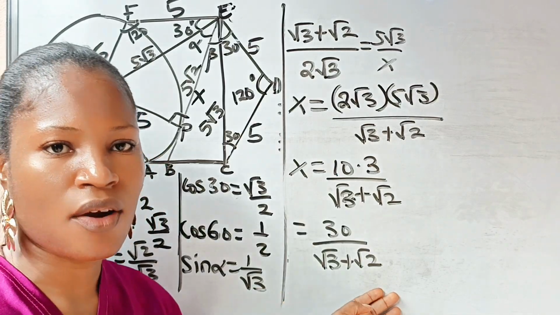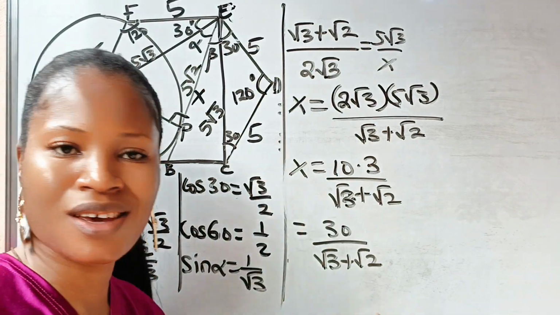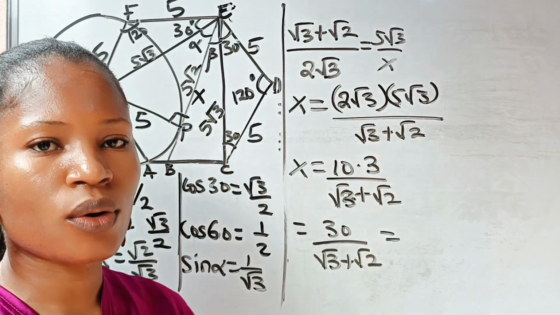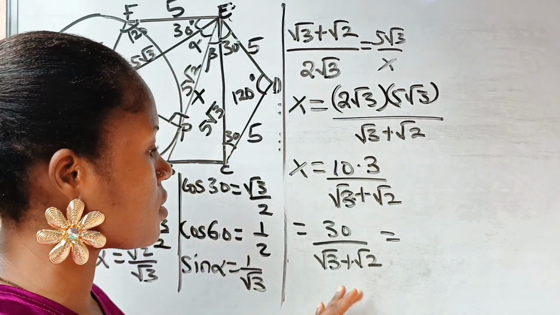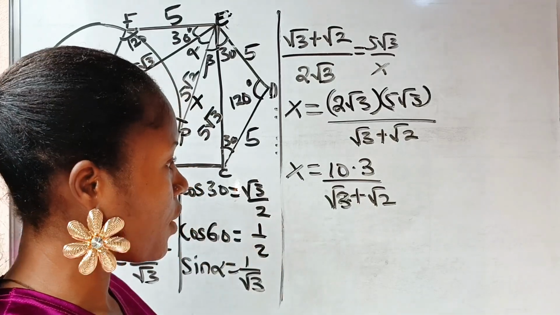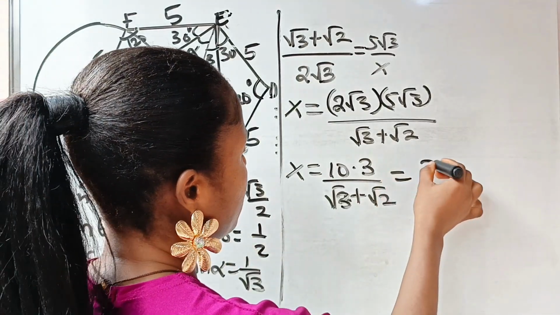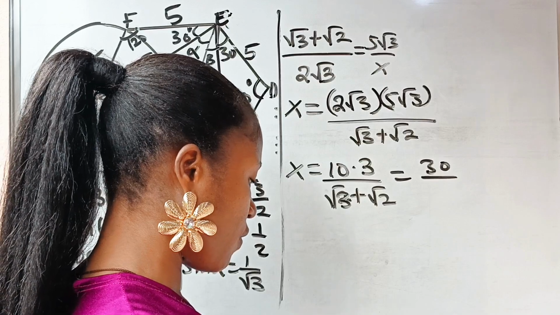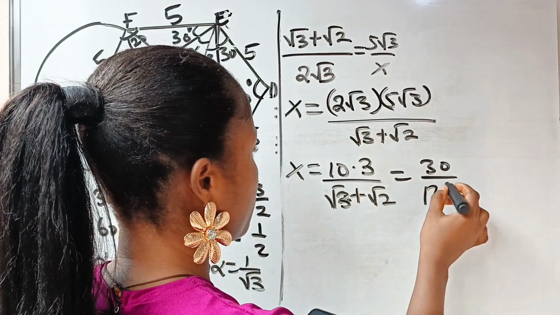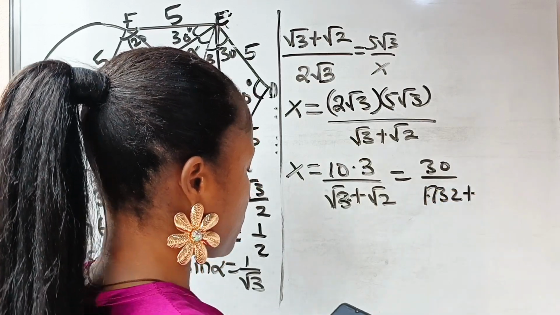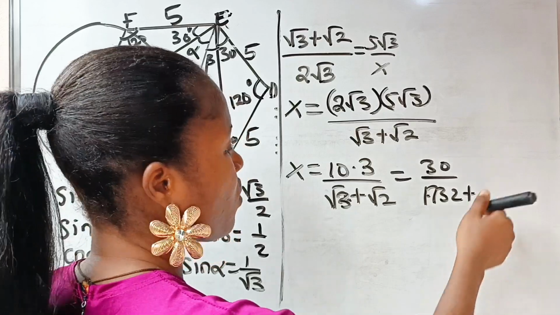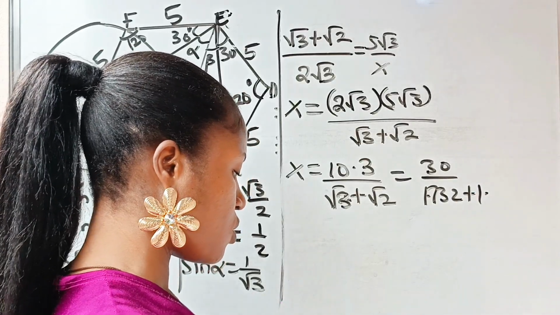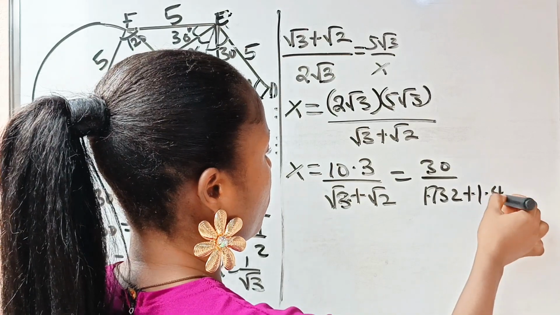Now we can go ahead and rationalize, or we can just key this into the calculator and see what we are going to get. So let me use my calculator and do that. Okay, I went to get my calculator. Now 10 times 3 is 30 divided by √3, which is 1.732, plus √2 is 1.414.